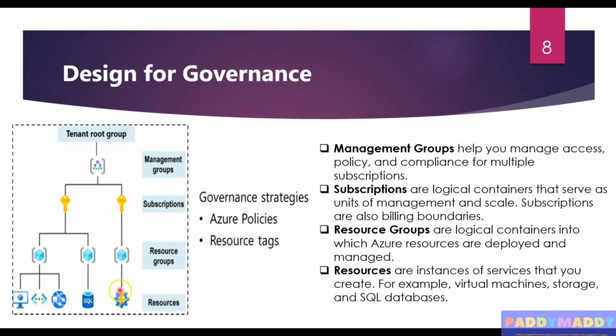These resources, for example, could be your SQL, or maybe an automation account, or a virtual machine, or web applications. All of these things will stay under your resource group. So you could create a resource group for front-end web servers and have your automation account or virtual machines, all of that stuff, in one resource group. The resource groups will follow the life cycle of your resources.